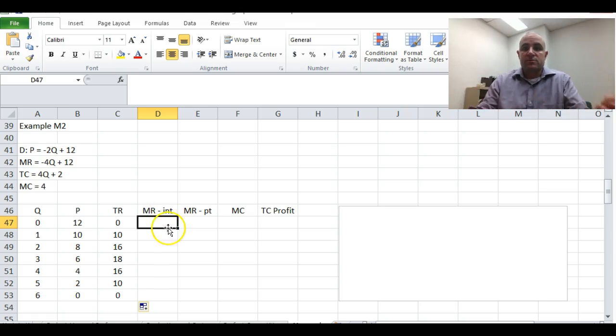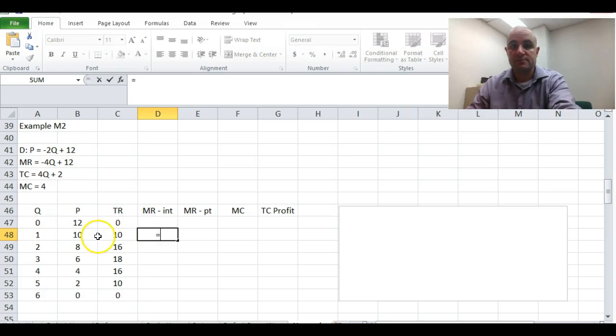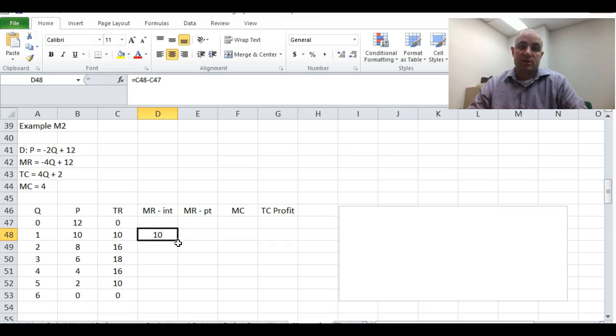The marginal revenue is the change in total revenue divided by the change in output. Using the interval, we go from 0 to 1, 1 to 2, 2 to 3, and so forth. As you go from 0 to 1, total revenue goes from 0 to 10. And then when it goes from 10 to 16, it goes up by 6, then 2, then minus 2.